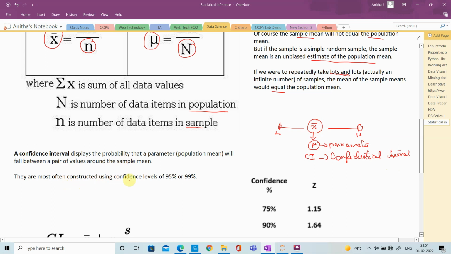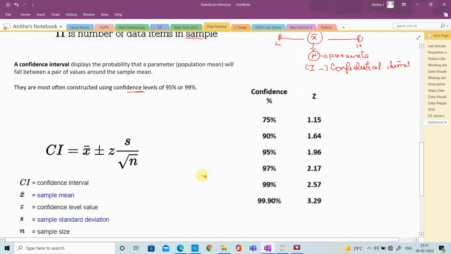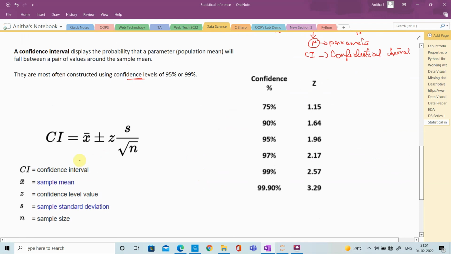They are mainly constructed with different confidence levels; the generally used confidence levels are 95% and 99%. And this is the formula for calculating the confidence interval. From the 300 samples, you know the sample mean, the sample standard deviation, and the number of samples used, that is 300.